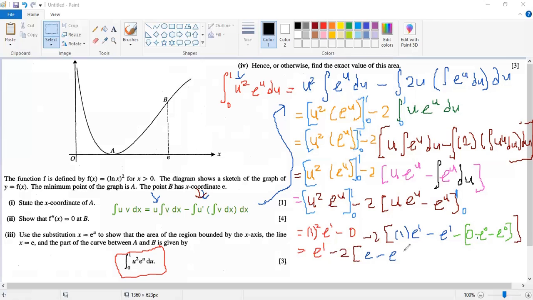Plus e to the power of 0. Yep, so the whole thing is just e here. This bracket at 0 is like minus 2 and 0 plus 1. And the final answer is e minus 2. We just leave it as e minus 2 as a constant. We want to evaluate it because you see the word exact. The word exact means you must leave it as e, the exact constant e. Thank you.